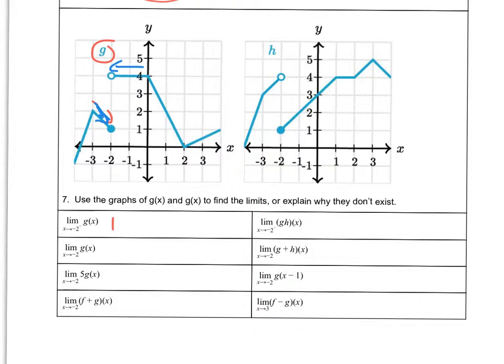Since we're approaching 2 different values there, this limit does not exist. For the next one down, since this limit does not exist, 5 times this limit also would not exist. Even though we've got something different there, it doesn't affect the idea that we couldn't work from that anyway.